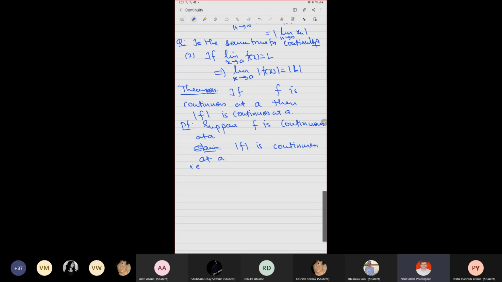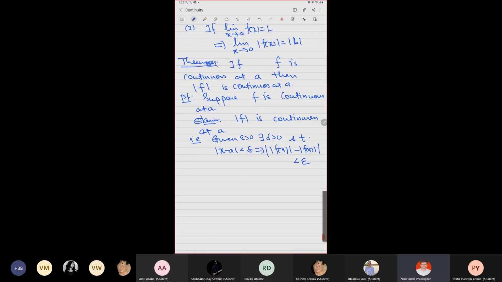So what is our claim? Given epsilon, there exists delta such that if the distance between x and a is less than delta, then the distance between the absolute value of f(x) and the absolute value of f(a) is less than epsilon.